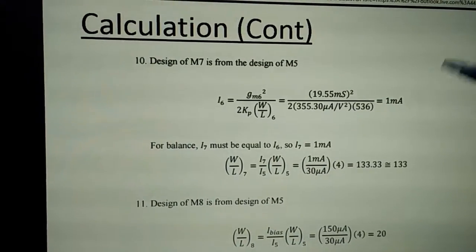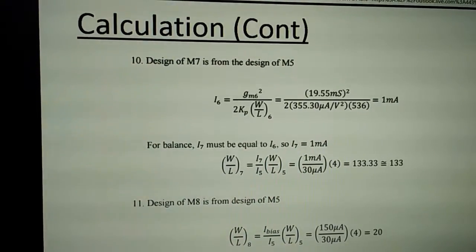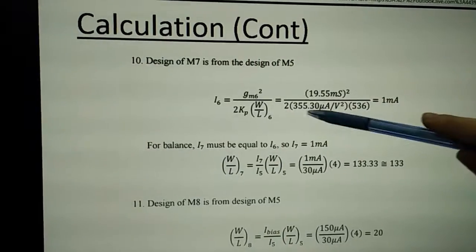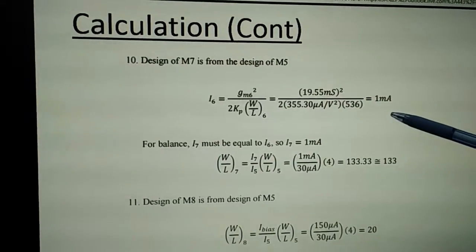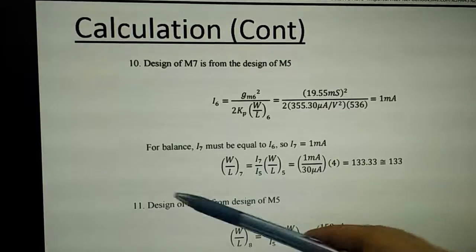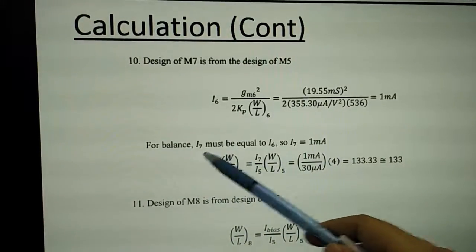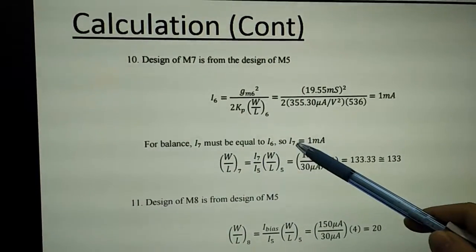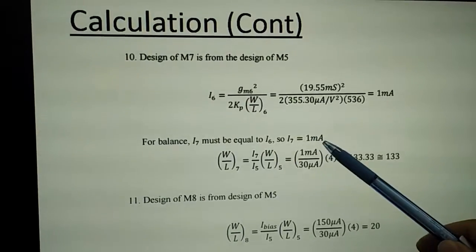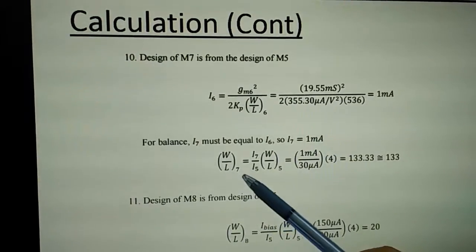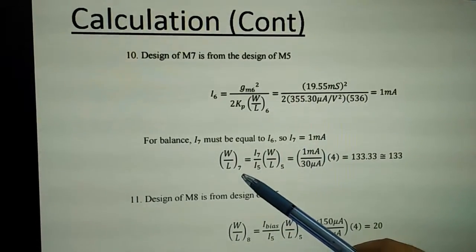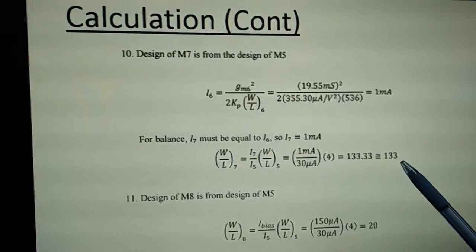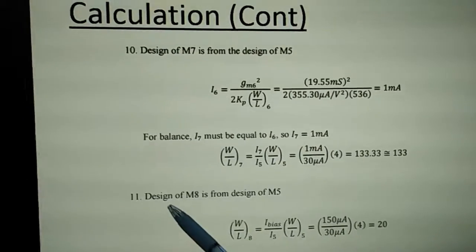For M7, it's actually the same as the last one. This is the equation for I6, and to balance it, I7 must be equal to I6, so I7 is equal to 1 milliampere. So we get the aspect ratio for M7 as 133.